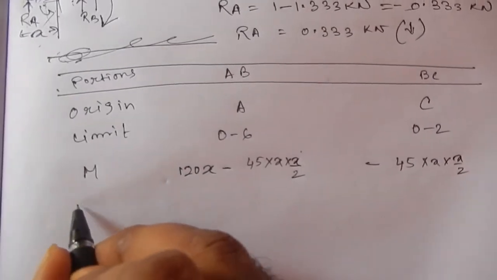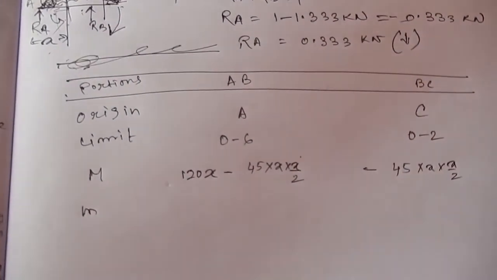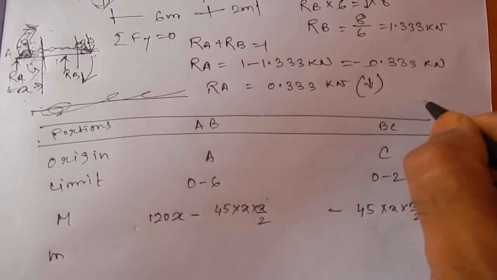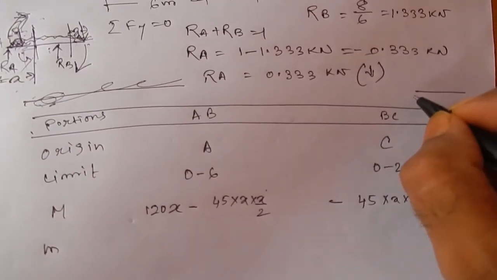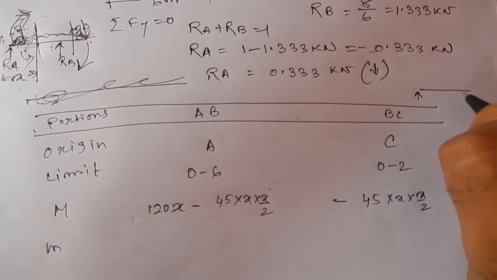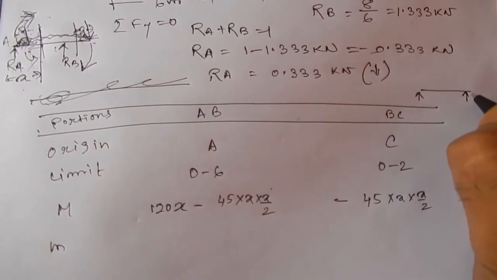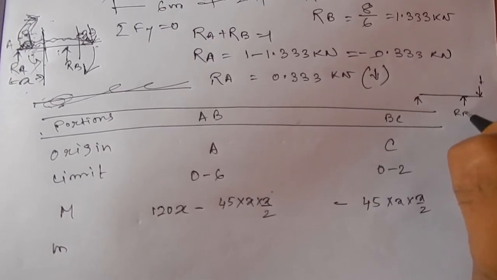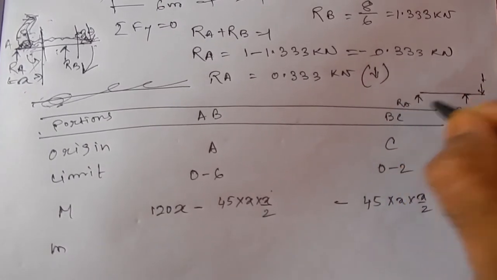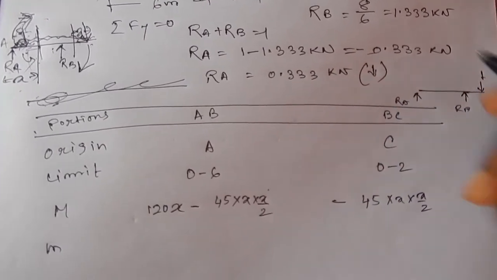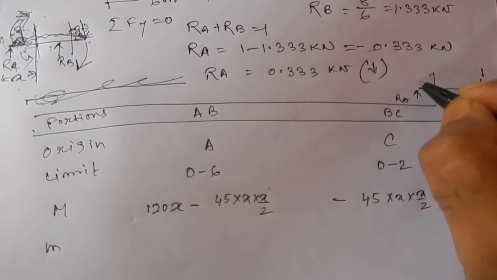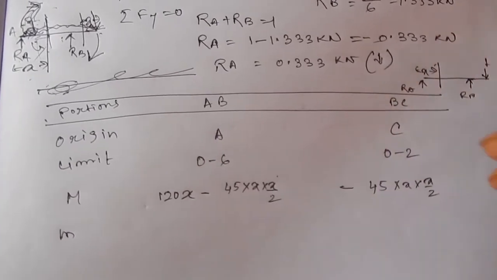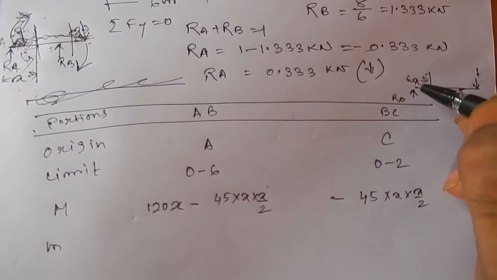And what will be the bending moment created by the unit load or the virtual load? What was the case? The case was like this: Ra was acting here, Rb was acting here, and the unit load was acting here. So Rb, Ra and 1, right? Now if you cut any section at a distance x, because we have taken A as origin, what will be the moment?